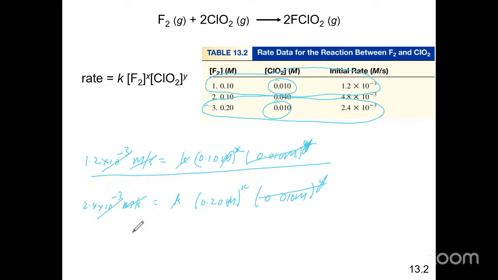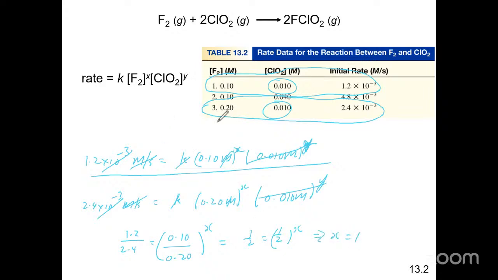So this will simplify to 1.2 divided by 2.4, and that would be equal to 0.10 divided by 0.20 raised to the x. So 1.2 over 2.4 is equal to a half, and that will be equal to 0.10 divided by 0.20, which is also a half, raised to the x. So therefore, x is equal to, again, 1, right?